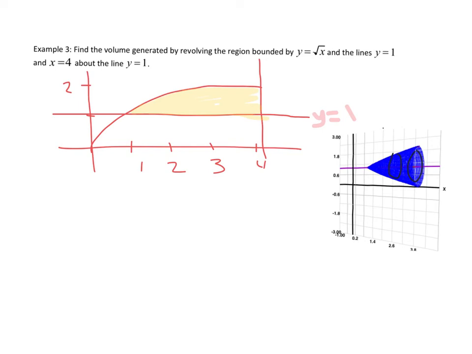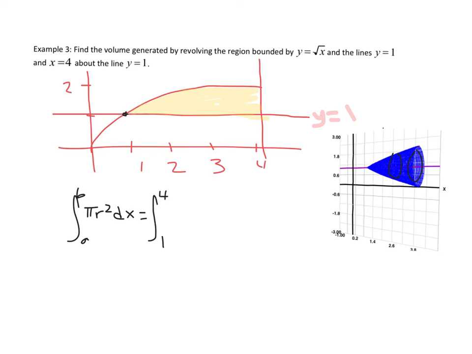So again, we're going to be doing the same formula, pi r squared times dx. This time, you'll notice that my x values start at 1, not at 0. So be careful about that.